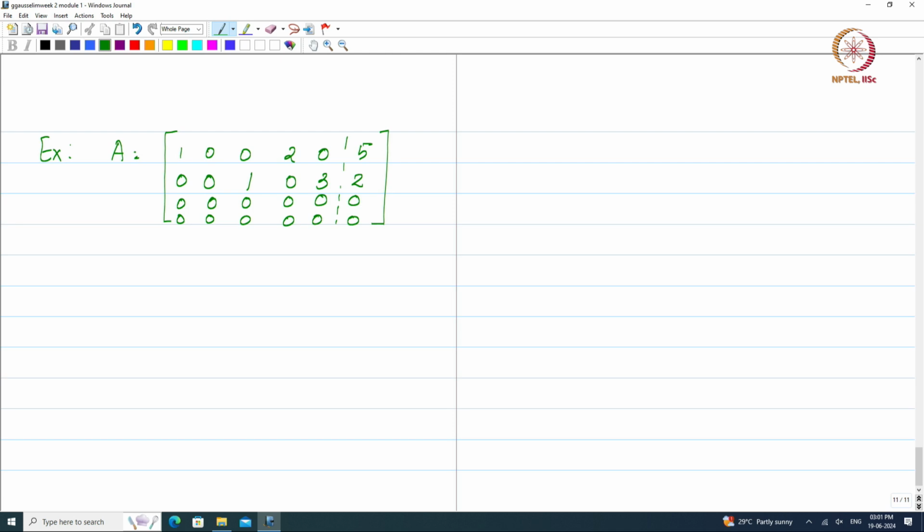Only row 1 and row 2 have leading ones. The rows containing all zeros are at the bottom. Row 2 has a leading 1 to the right of that of row 1. The columns containing leading ones have zeros in all other places. Hence, matrix A is in RREF form.